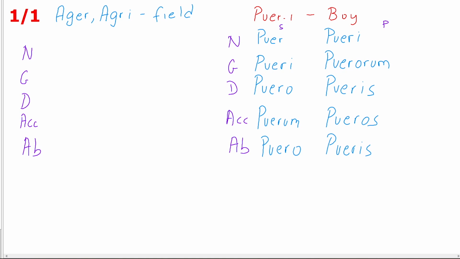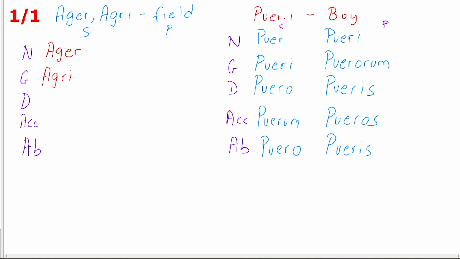Agriculture comes from this. So the only difference over here is in the nominative. So nominative we know is ager. Now genitive singular as it is given here is agri.